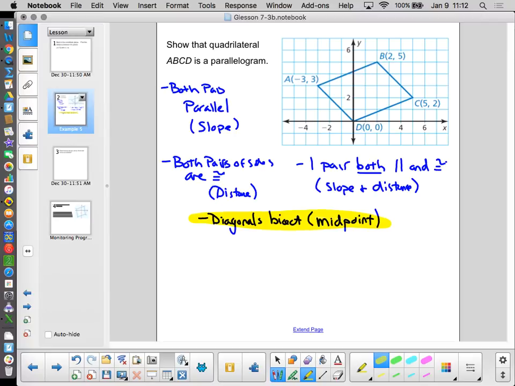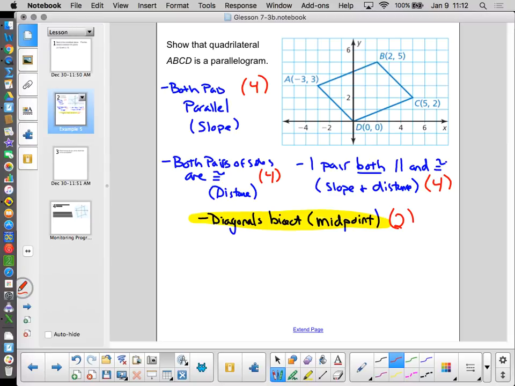All these others require four formulas, two slope, two distance. This one only requires two. So that's the easiest way, but again, it'd be expected that you're going to have to demonstrate more than one method. You can't just use the same method over and over again. So I'm going to expect you to be able to demonstrate more than one.